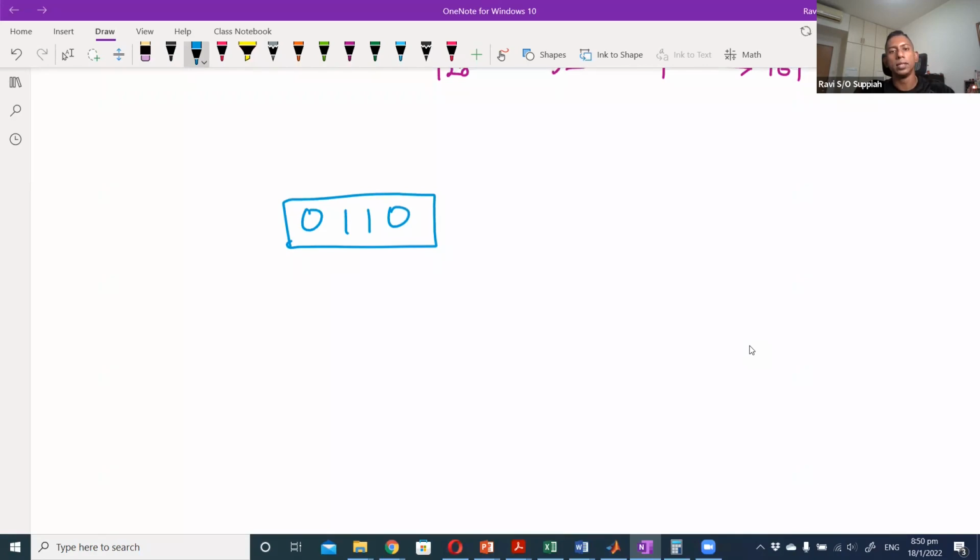This is the value 6 in decimal. If I say shift left by 1, then what will happen? This bit will come here, so it will be 0, 1, 1, and this 0 is considered shifted out. This is no longer inside, and what gets shifted in is a 0.